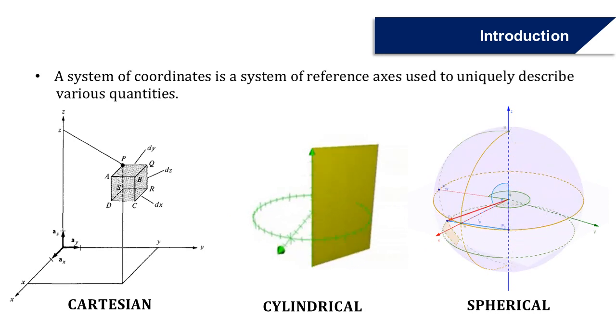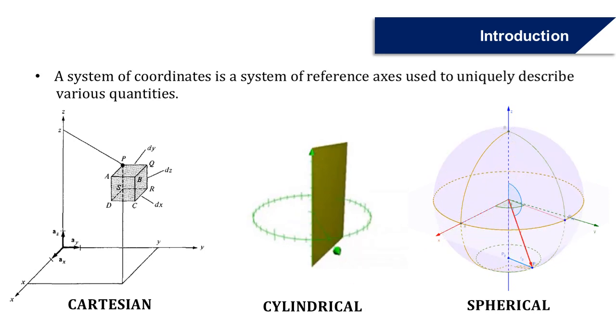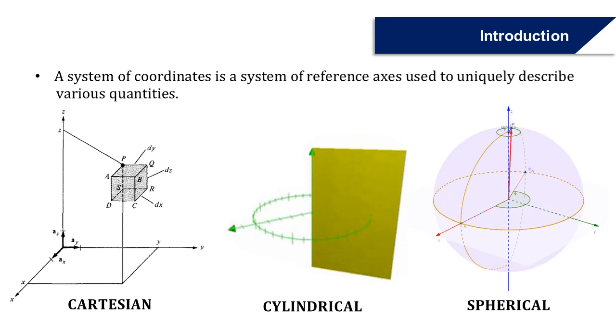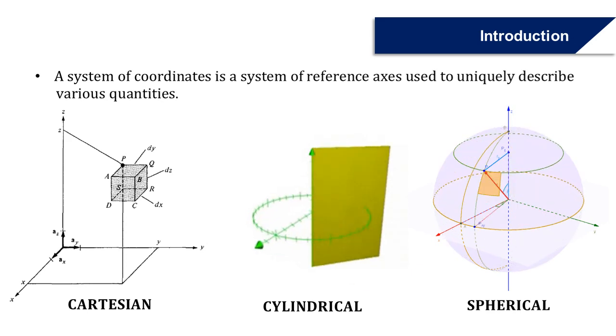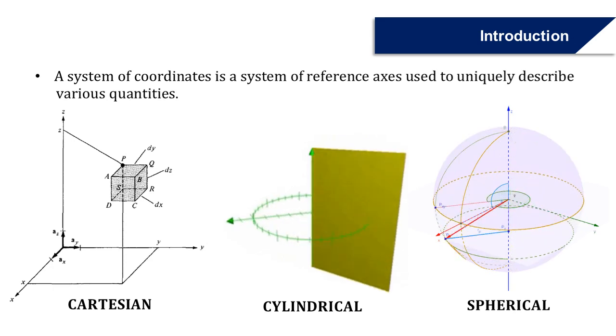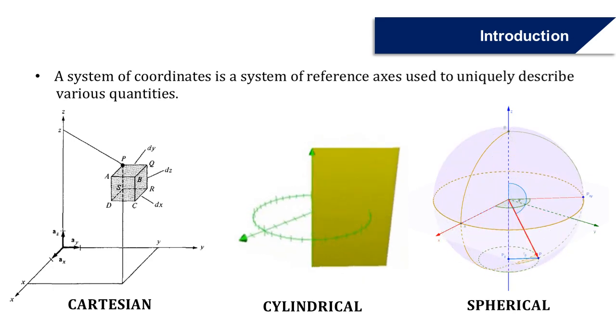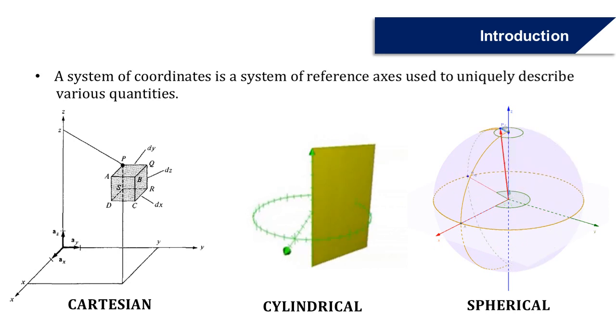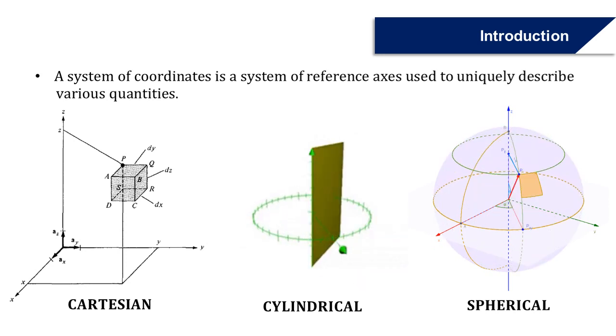So bakit nga ba tayo interesado gumamit ng iba't ibang klase ng systems of coordinates, right? Pwede namang lahat ay Cartesian lang, no? Well, it depends doon sa application kung saan ina-analyze natin yung mga vectors.